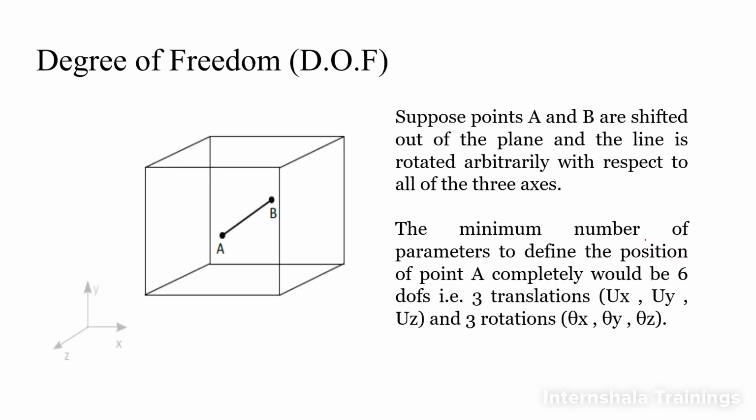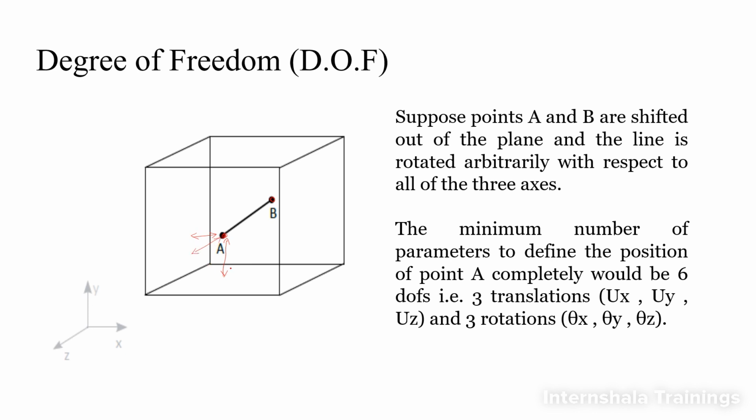Now in the next case we are going to take a 3D space, and in the 3D space we are going to have 2 points A and B. Now in order to define this particular object in space, the first thing I need is to create linear distances between point A and the x-axis, point A and the y-axis, and point A and the z-axis.